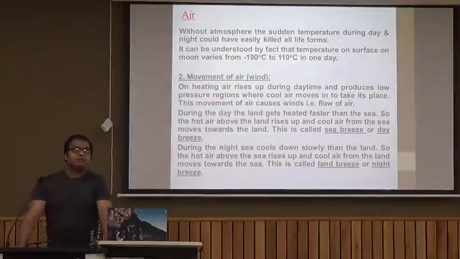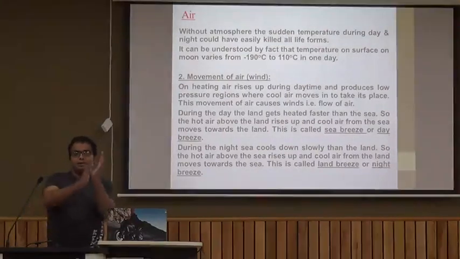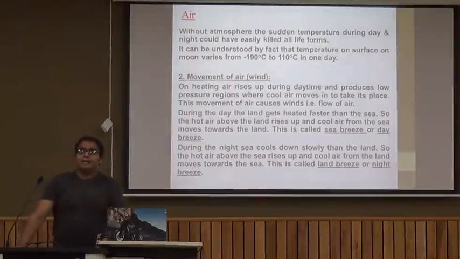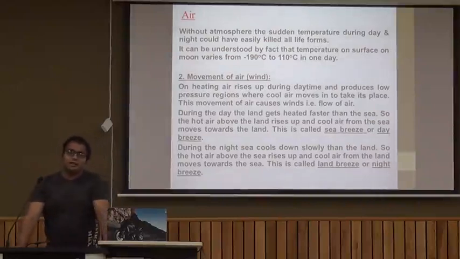When the side of the moon is towards the sun, its temperature increases up to 110 degrees C. At the same time, on the side which is away from the sun, its temperature is almost minus 119 degrees C. Now can you imagine? Now how is this avoided on Earth? It is because of the atmosphere.